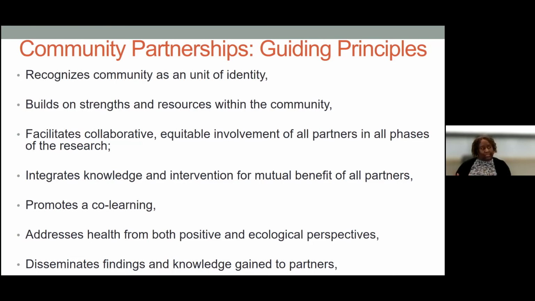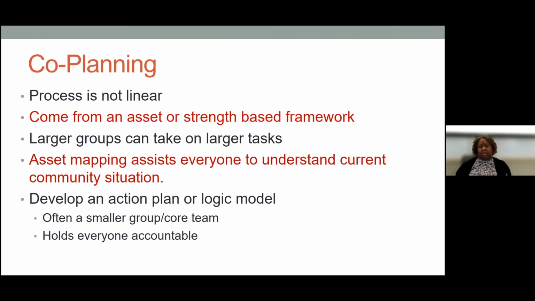The other question is, what types of documents do you develop together to ensure there's equitable agency between both parties? And here, I think that work you do in co-planning becomes important. All the things that you've worked through during that co-planning process appear in a memorandum of understanding or a partnership agreement.